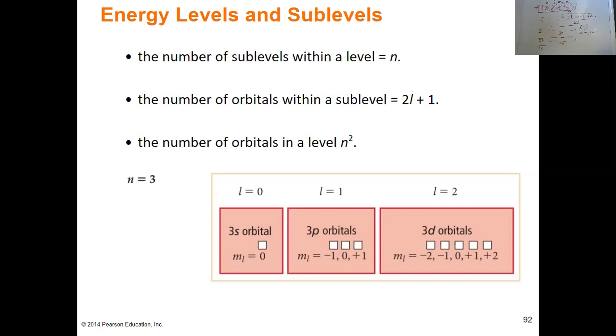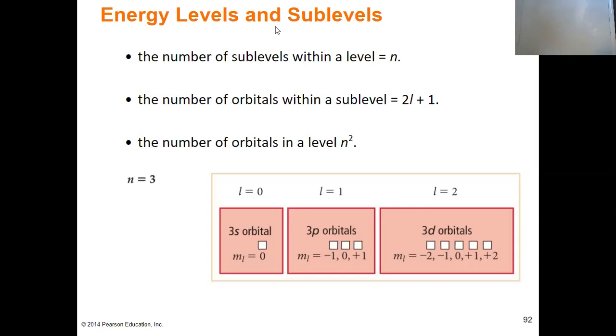So like if I wanted to know how many orbitals there are in n equals 2, I can break it down and look at every orbital in that level. Or I can use the n value and square it, and that will also give me the same value.